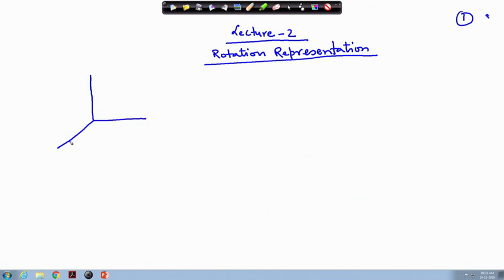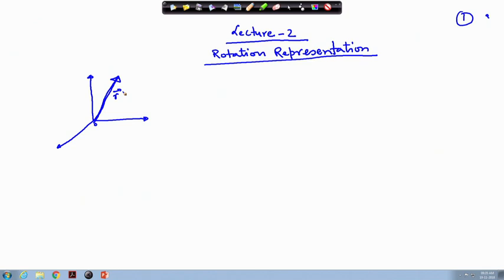Let us say that we have one reference frame. This is the orthogonal right handed reference frame, in which we have a vector. We can represent it by r or rho, whatever you like.